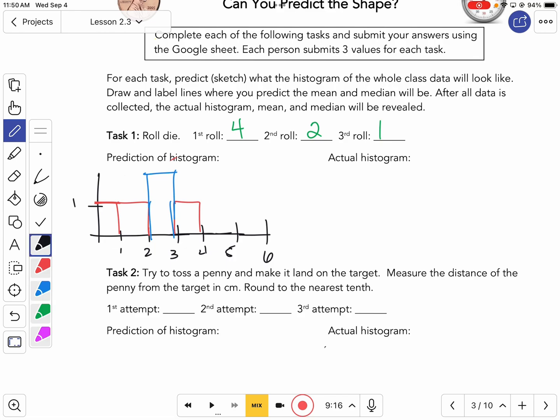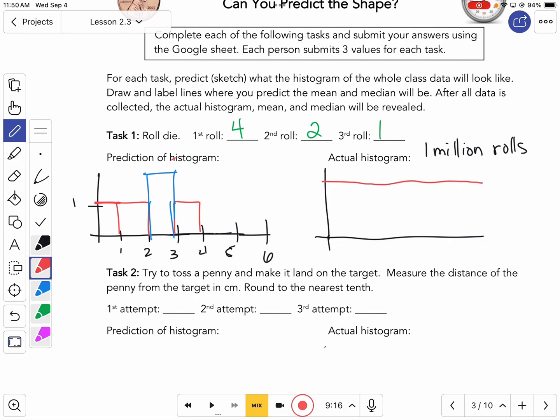In fact, the actual histogram for this, if we rolled it, let's say 1,000,000 times, as many as we could get, we would find that it levels out and my distribution becomes, what do we call that when everything's the same?